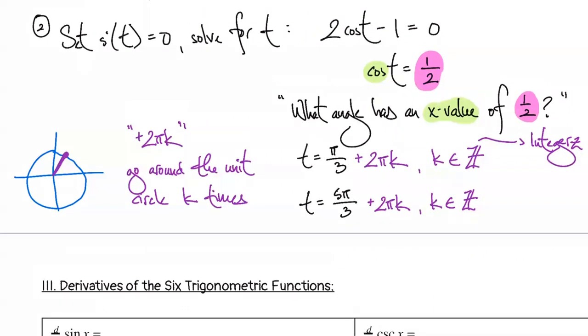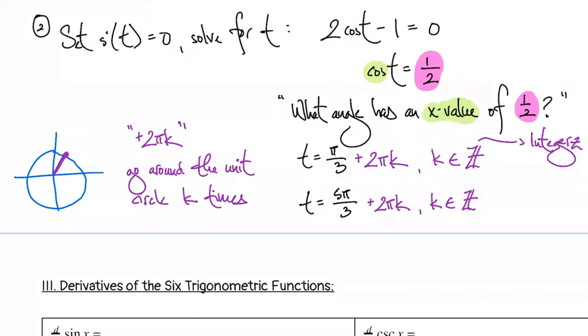Now, every time I'm at pi over 3, I'm going to get an x value of 1/2. Well, I could go to pi over 3. I could also go one time around the unit circle and then stop there. That would be if I'm just adding 2 pi.